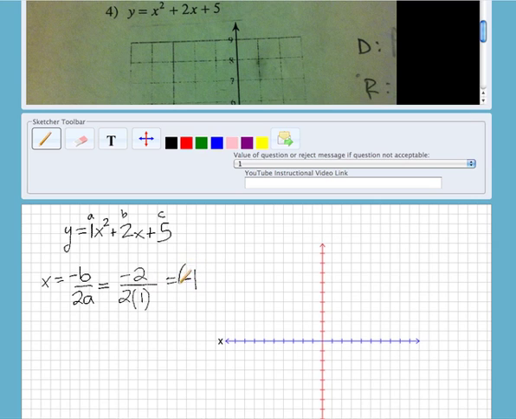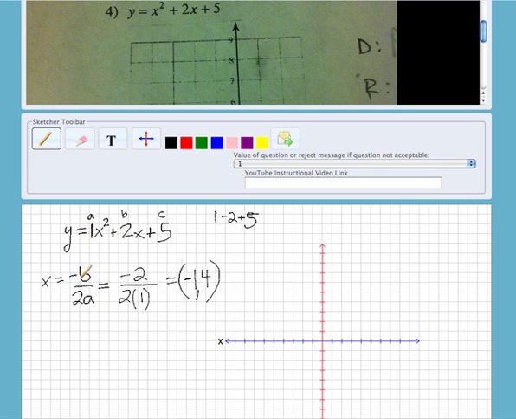Then I'm going to plug that back into the formula to find the y value of the vertex. If we plug in negative 1, I'll do a little scratch work, we get 1 minus 2 plus 5, which is negative 1 plus 5, which is 4. So there's our vertex.